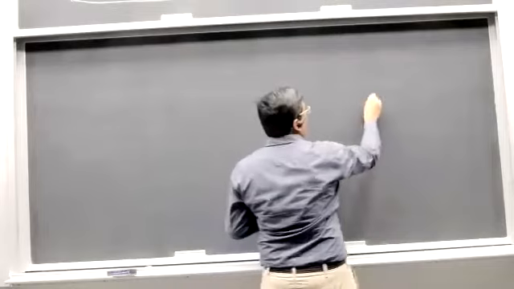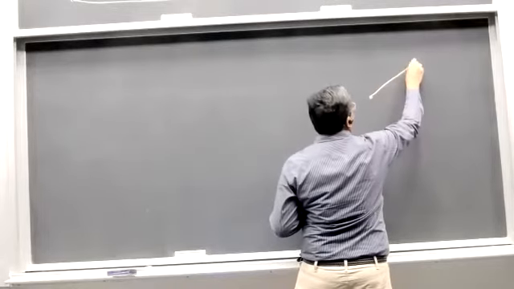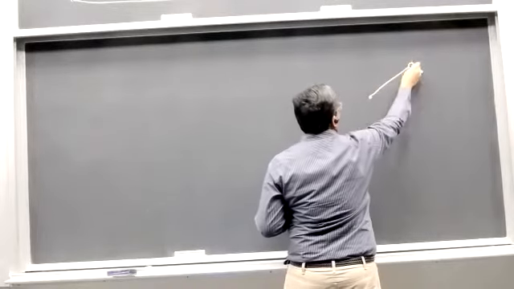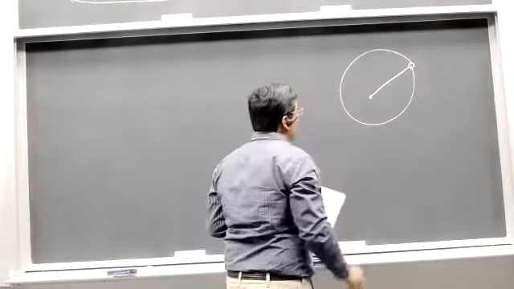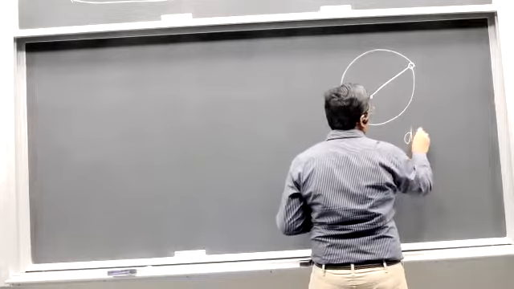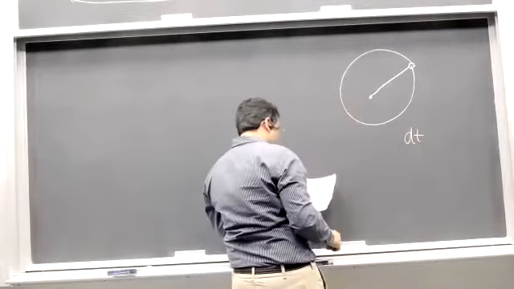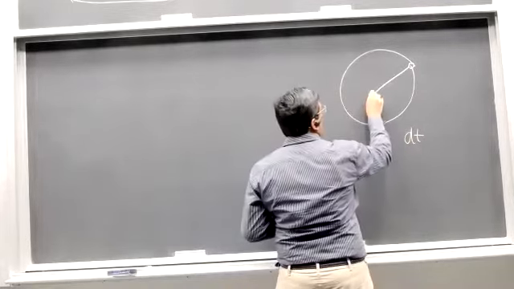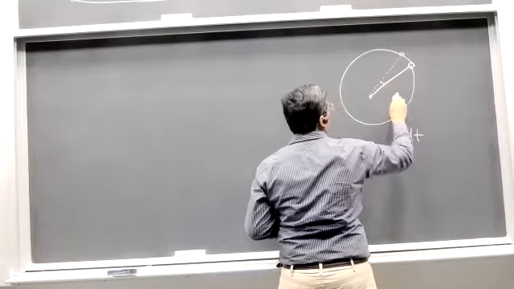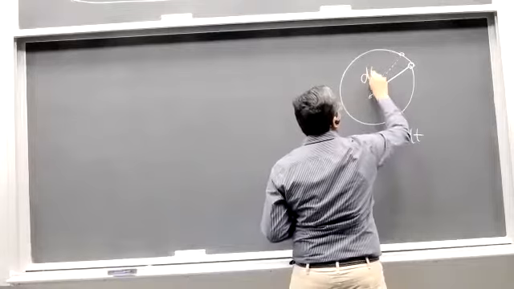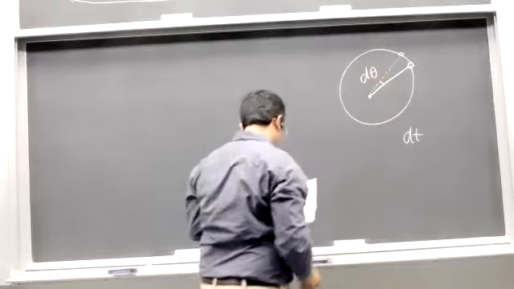So again, let's say the same object that we were considering, okay? Let's say that in a small amount of time dt, it makes a small angle d theta. It subtends a small angle d theta, all right?